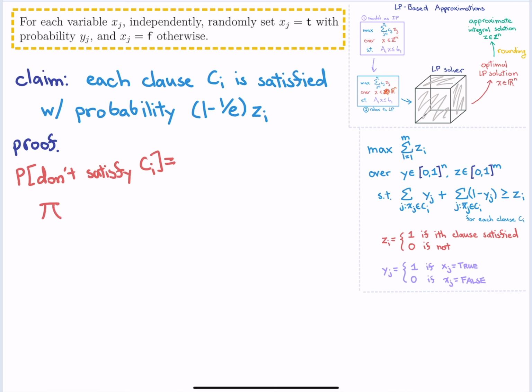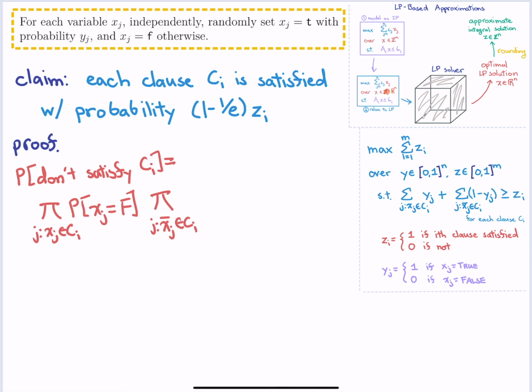If I look at all the variables j where xj appears positively in Ci, it'll be the probability that xj is equal to false, right? So if x1 appears in a clause, x1 has to be false in order for it not to be satisfied, times the probability over all j's where the negation appears in the clause.